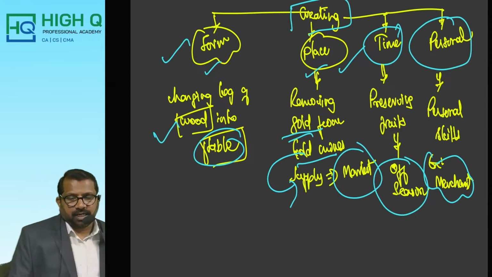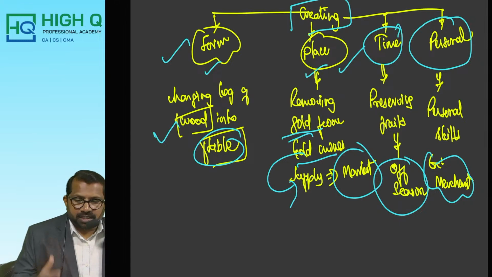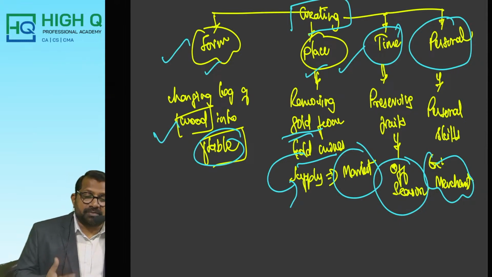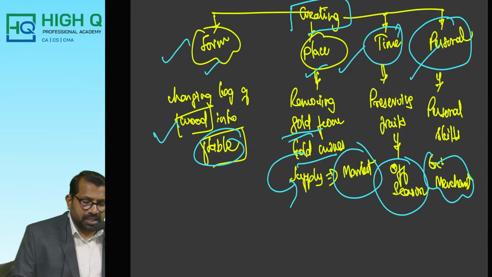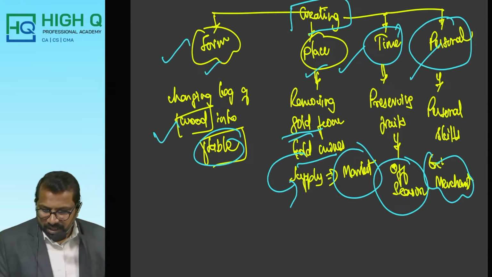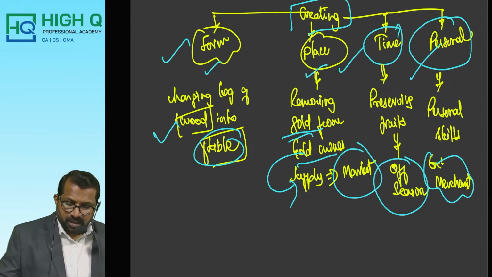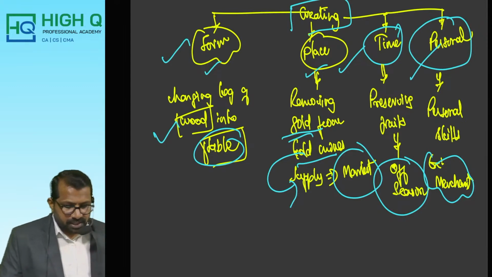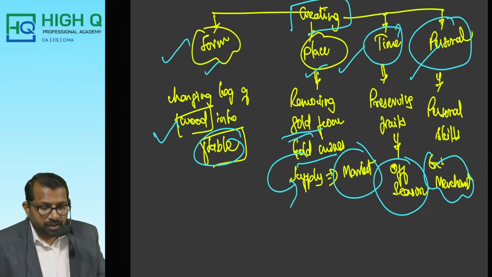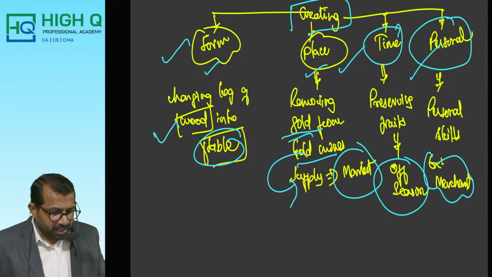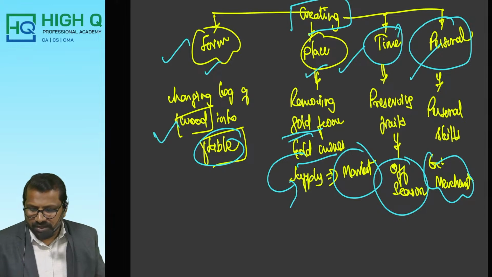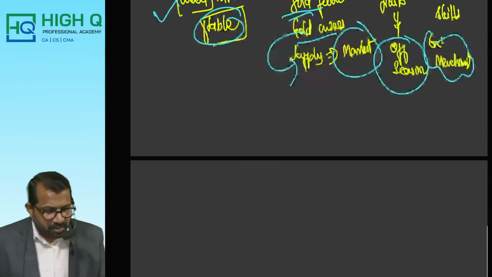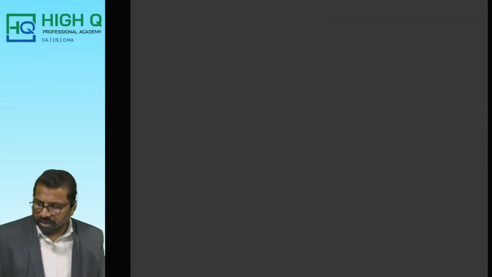Where the merchants or organizers engage themselves in using their skills, it is called personal utility. So these are the basic information you have to understand on the various types of utility engaged in the process of production as well as cost of production. That's why I gave the difference between production and cost of production.